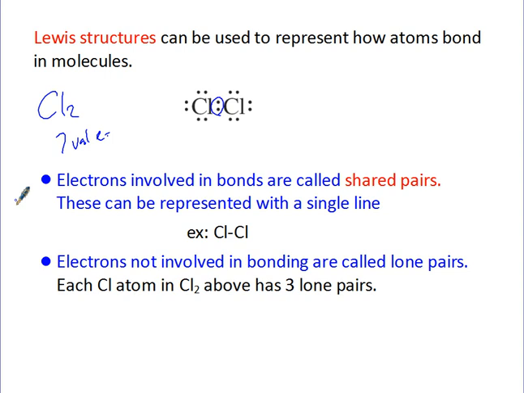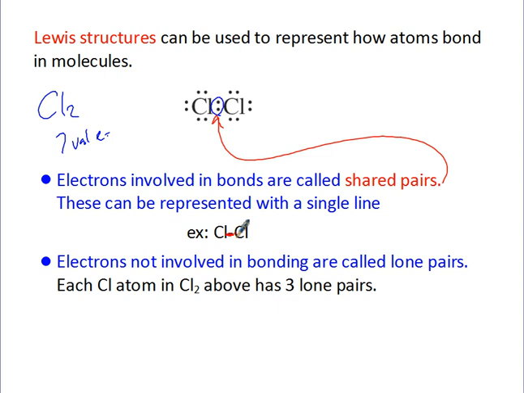So when I talk about electrons that are involved in the bonding, these are called the shared pairs. The shared pair is this pair right here that's essentially shared between both of them. Those electrons are in both nuclei. I can change that to a line, represented like this, Cl-Cl, with a dash in between.